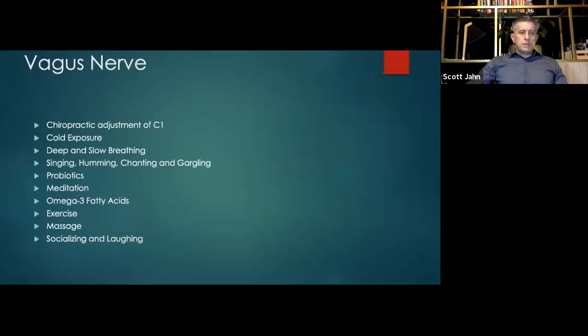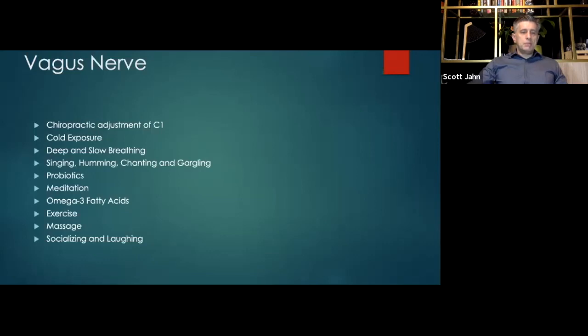We are going to stimulate it by a number of different things. A chiropractic adjustment will help stimulate the vagus nerve. Taking a cold shower will stimulate it. Deep, slow breathing will also stimulate it, like meditation. Singing, humming, chanting, and gargling, because part of that vagus nerve is in the back of the throat. Probiotics will help.